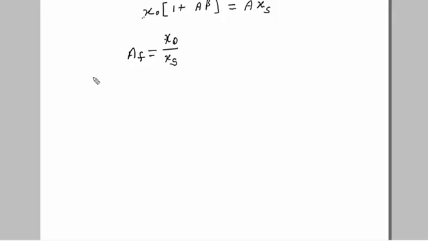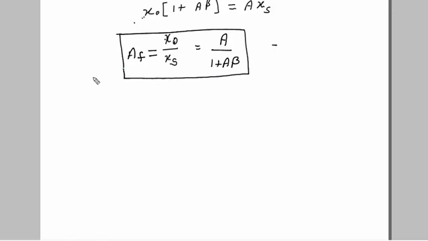So AF equals to x naught by xs, and we got A upon 1 plus A beta. This is the gain of an amplifier with negative feedback. If it is a positive feedback, then this plus will become minus, but since it's a negative feedback, it is positive here.